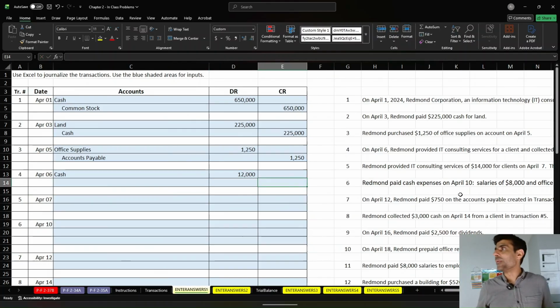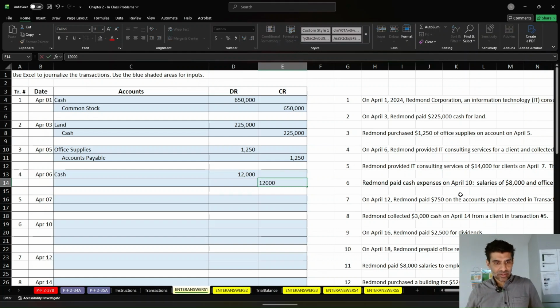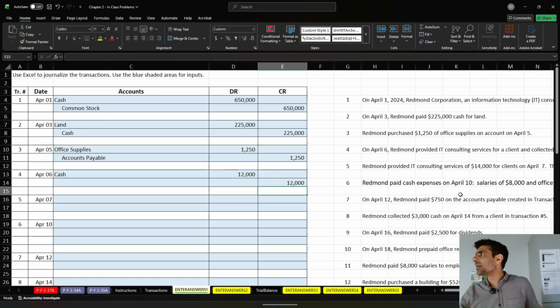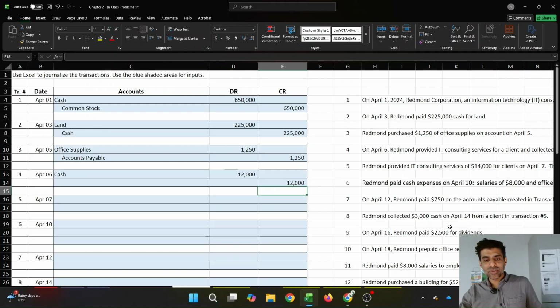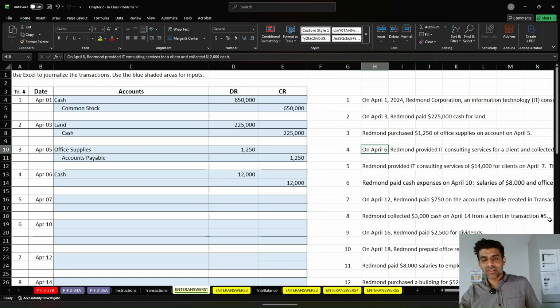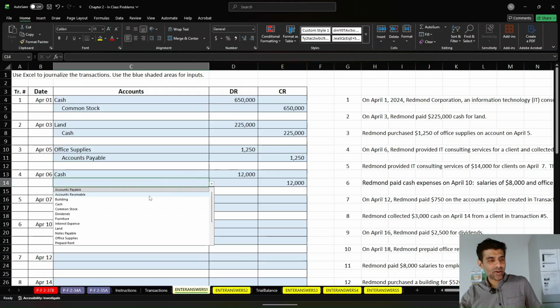And I kind of gave away, what is the other account involved? I just kind of said it. What did I do in this transaction? I provided service, right? So what do we call that when we earn service revenue? Correct.